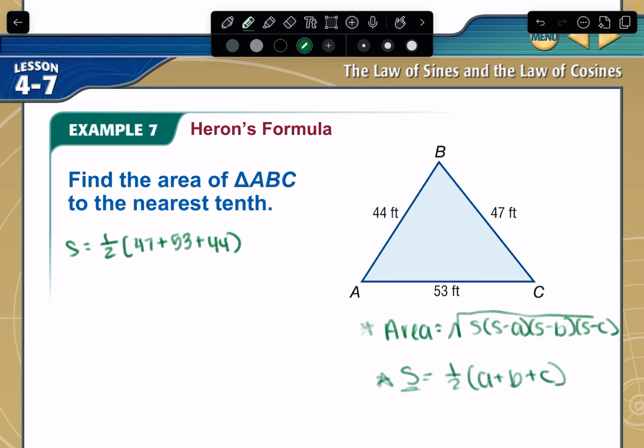If you're going to do it in multiple steps, I would add all 3 of those together first. So whenever you add 47 plus 53 plus 44, you would get 144.